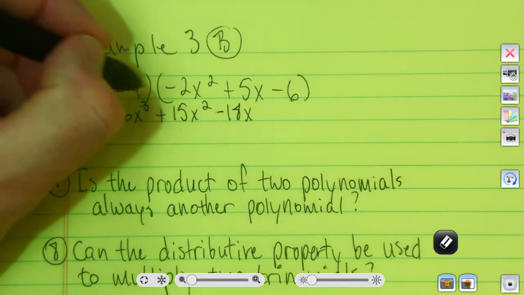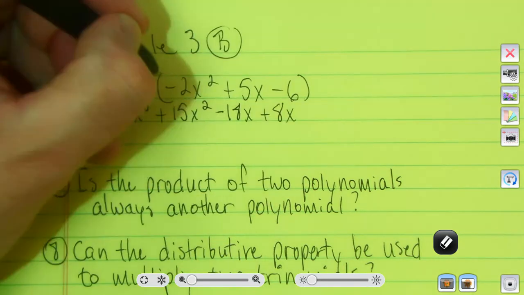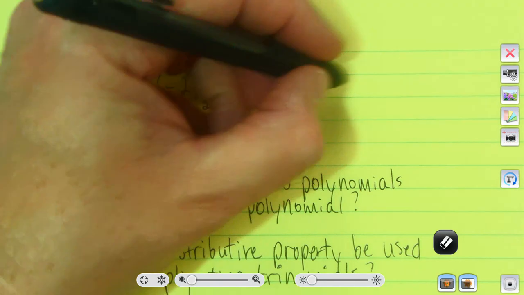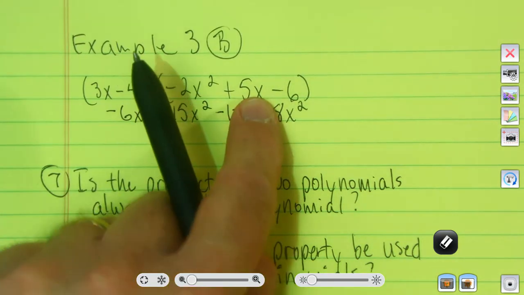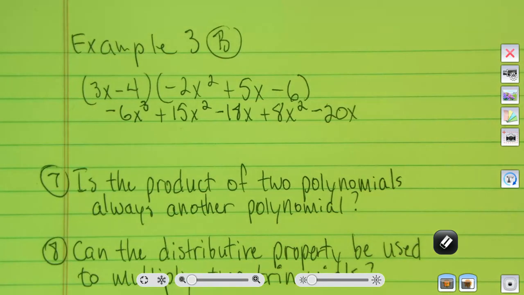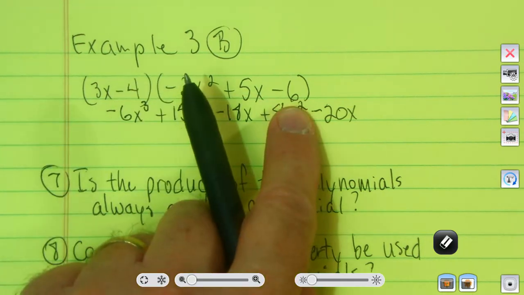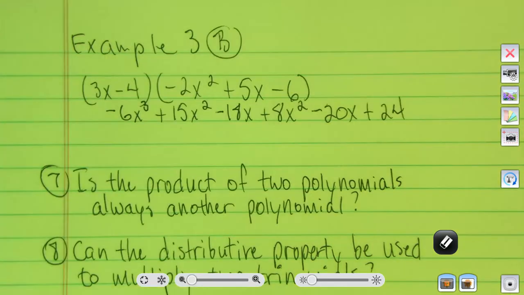Then negative 4 times negative 2x squared would be positive 8x squared. And negative 4 times positive 5x, negative 20x. And last, negative 4 times a negative 6, positive 24.